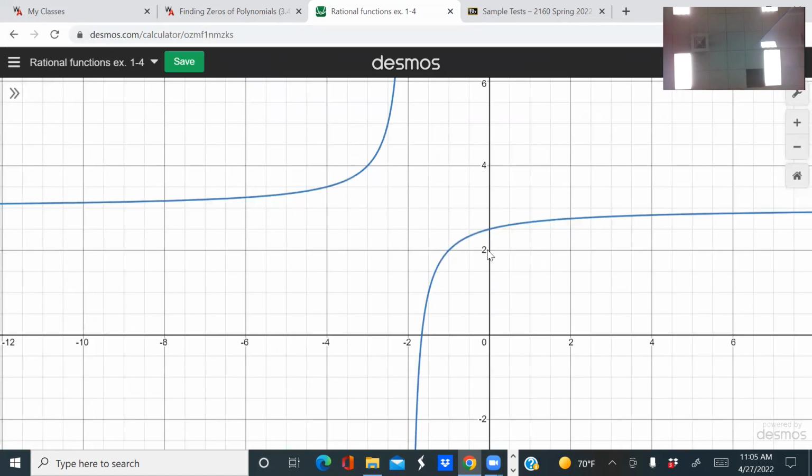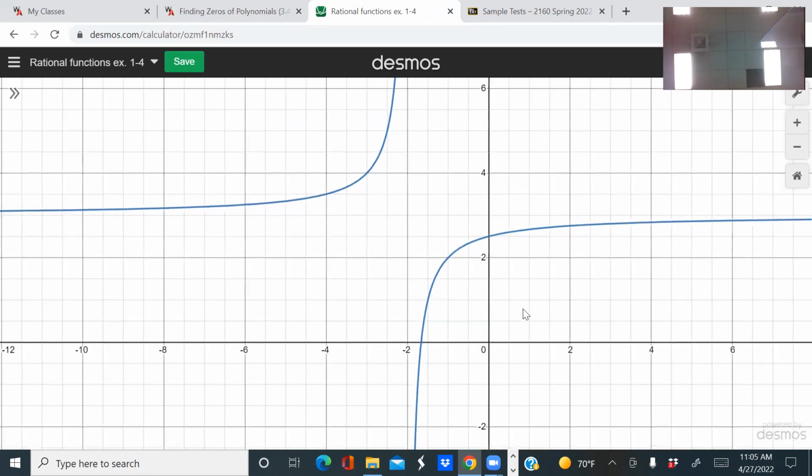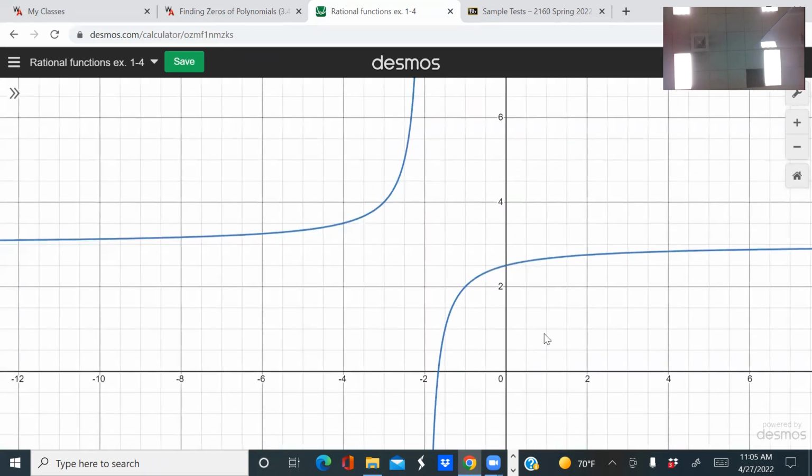Not too exciting, right? But we weren't really expecting too much out of that. So it looks like this. And it crosses there, that must be 5/2, because that was the y-intercept. There's the x-intercept, so that must be -5/3. And notice you have a break in the graph at x equals -2.